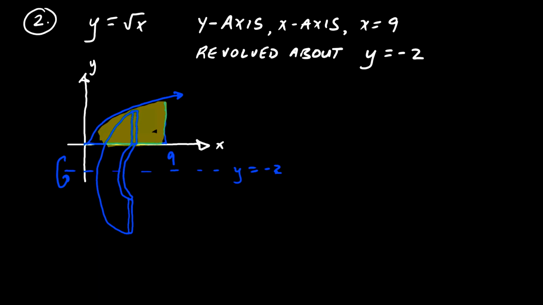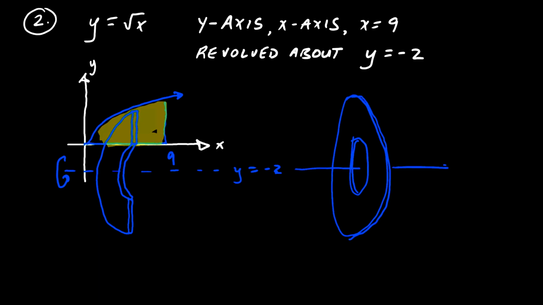So let's pull that out and see what it would look like if I drew the full cylinder. So it would have looked something like this. And it would have been revolved about this line right here, coming through here, y equals -2. And what you'll notice is that there's a hole, more or less, inside of there.